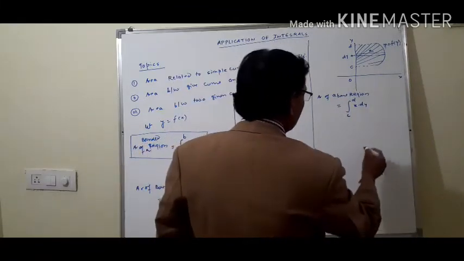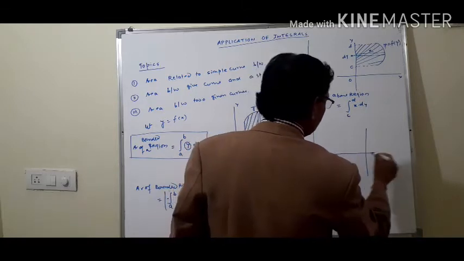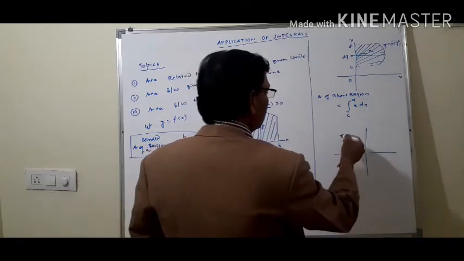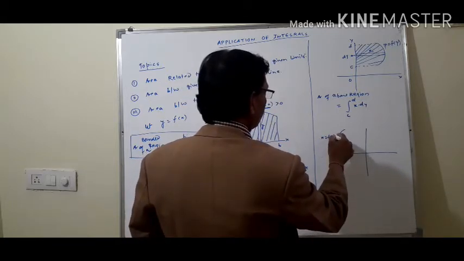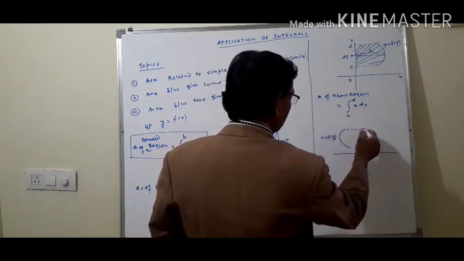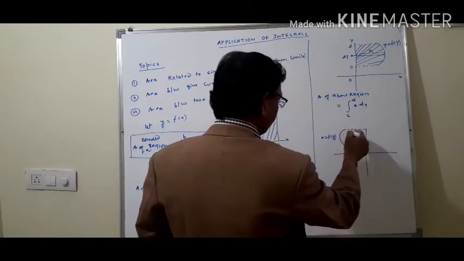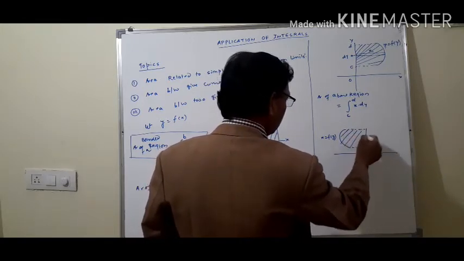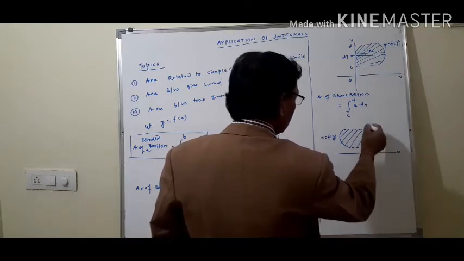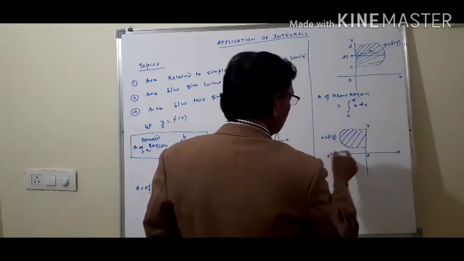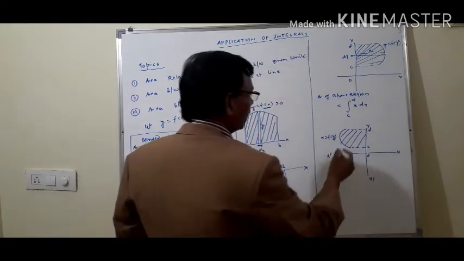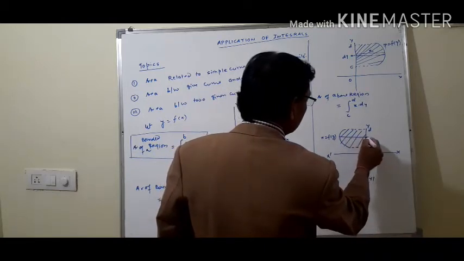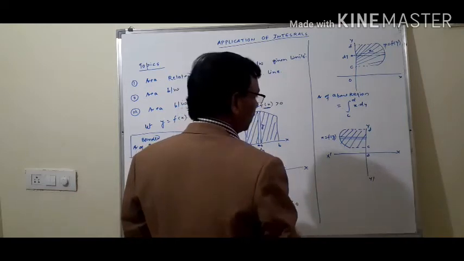Now, if this curve is given in the negative direction of the y-axis like this, that means x equal to f of y, and we want to find this bounded region, where this is C and this is D, then we draw a small strip like this, parallel to the x-axis or horizontal.